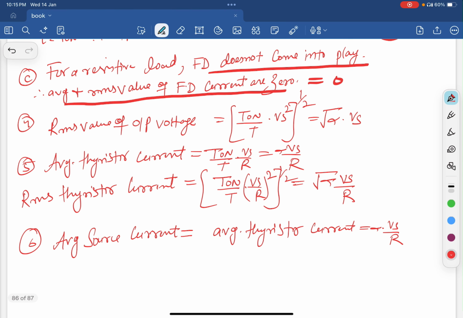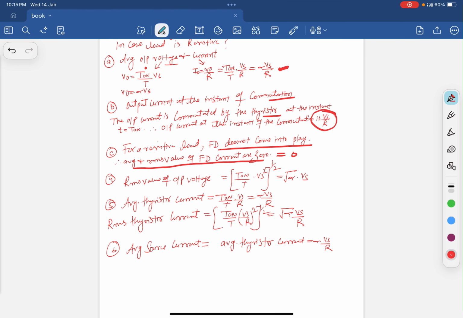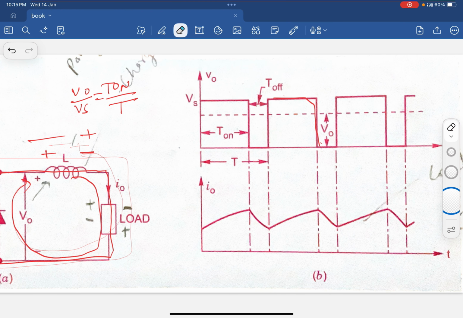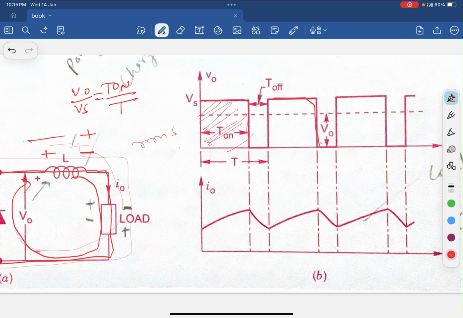Also the RMS value of the output voltage, how do we calculate it? We square the waveform at the time of conduction, divide it by the time period, and then take its root.